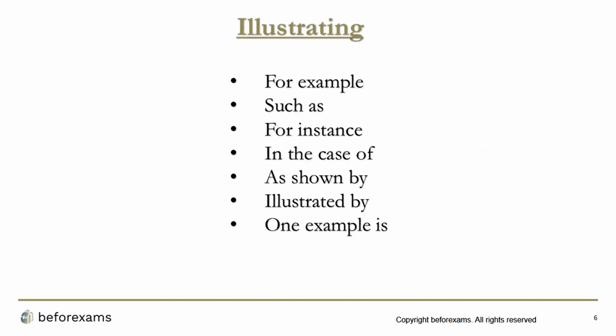The illustrating ones: for example, such as, for instance, in the case of, as shown by, illustrated by, one example is. Use these so that you can have a fair idea of using the connectors, and it will really help you to develop a habit.